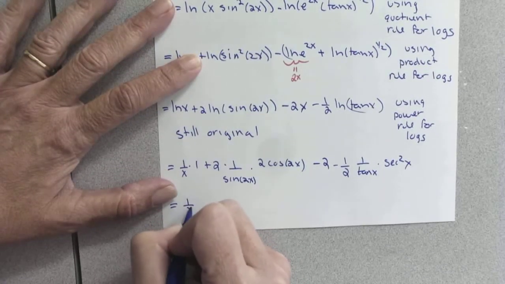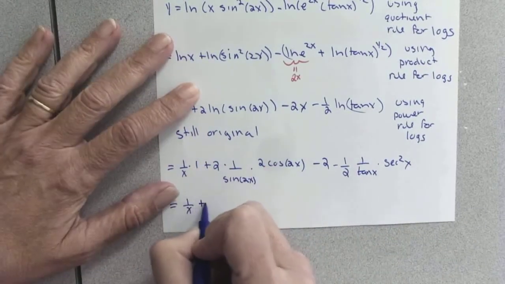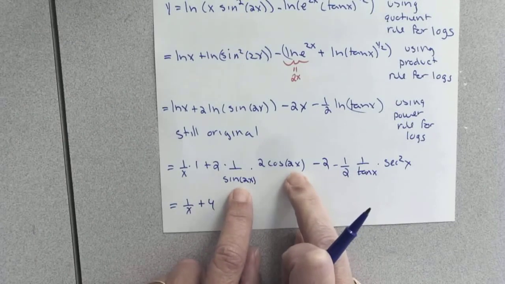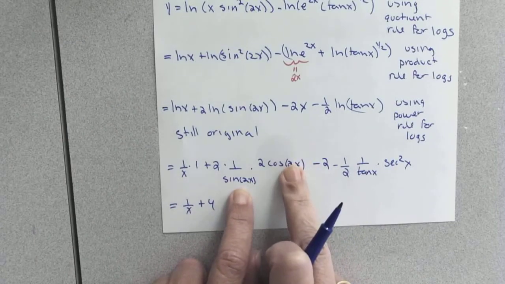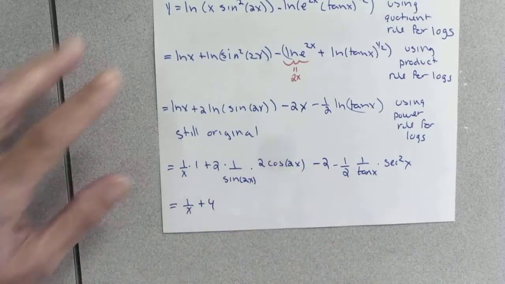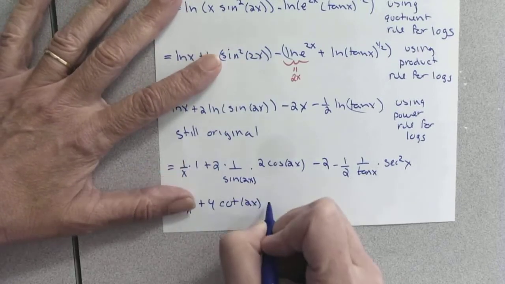And so a final pretty answer, 1 over x. 2 times 2 is 4. Then notice here, I have a cosine 2x over a sine 2x. Cosine in the numerator, sine in the denominator, cosine 2x over sine 2x for cotangent 2x.